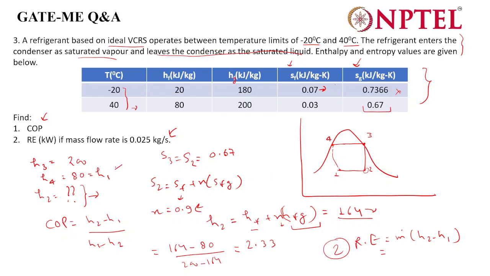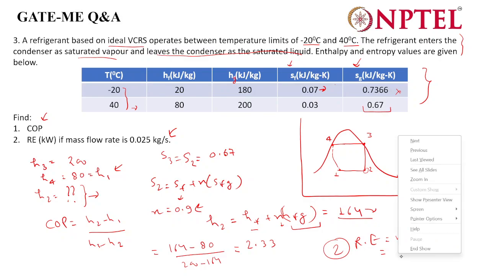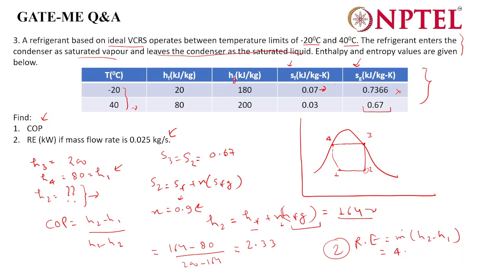H1 is this. Simply you can find, right? What is this? 2.1 kilowatt. How much value? 2.1, sir. Is it the same for others? Yes, sir. Okay, 2.1 kilowatt.